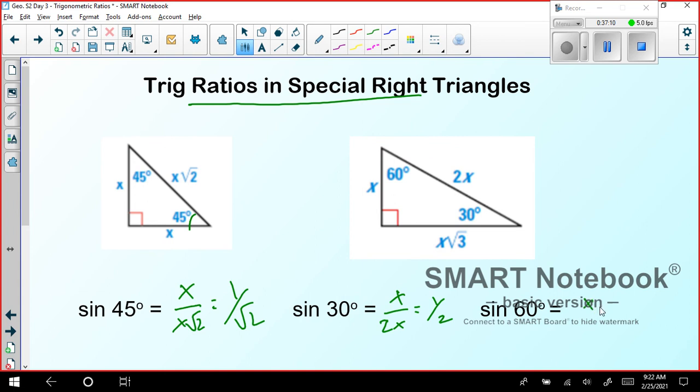So substitute here x root 3 over 2x. If I further cross out x, I get root 3 over 2. That is the value of sine 60. Without calculator you can get these numbers. So if you have problems based on 30, 45 and 60, you should know how to do them without calculators.